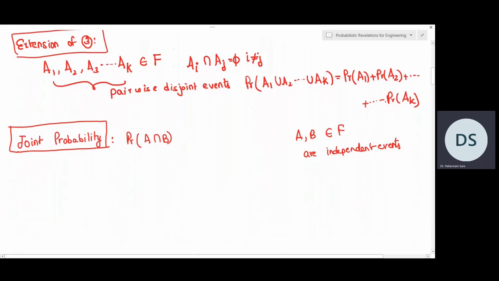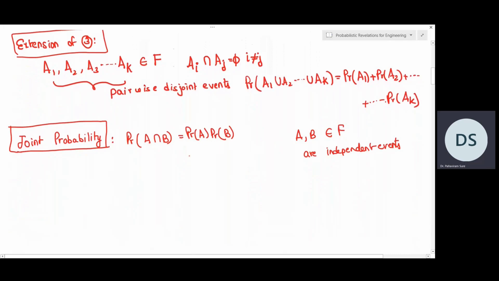Occurrence of event B is not governed by event A. So in such a case, we say A and B are independent events. In this particular case, the joint probability of A intersection B can be written as probability of A multiplied by probability of B. So it can be written as the product of two different individual event probabilities.